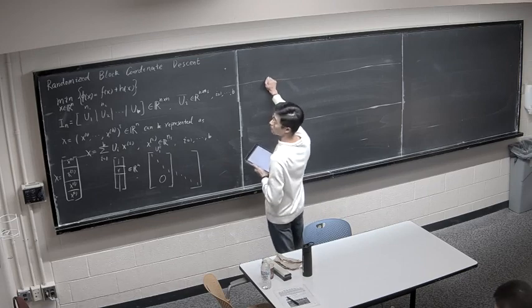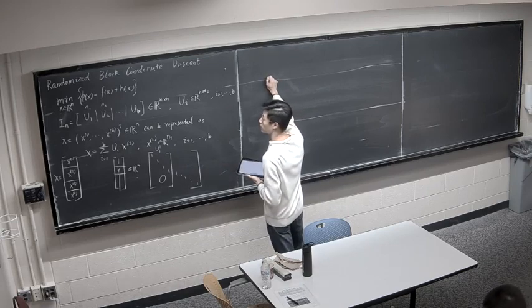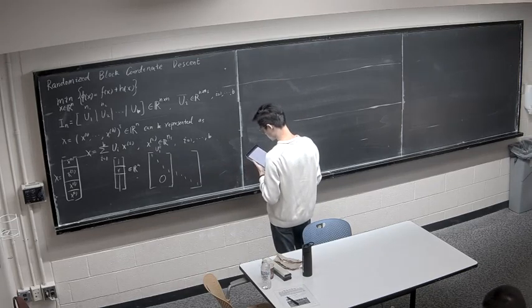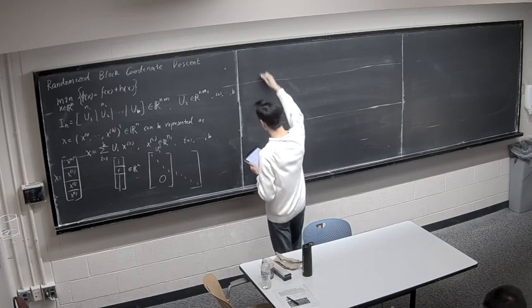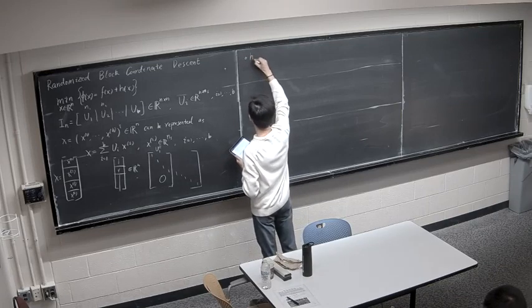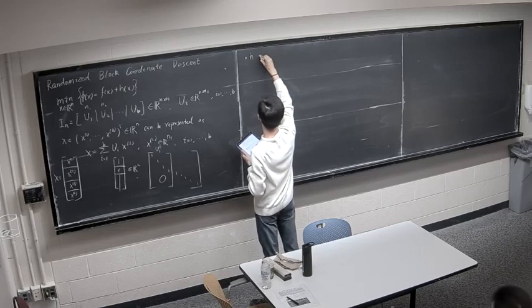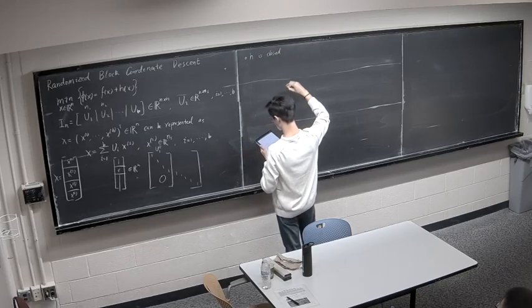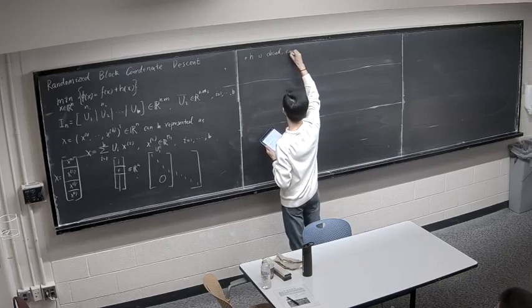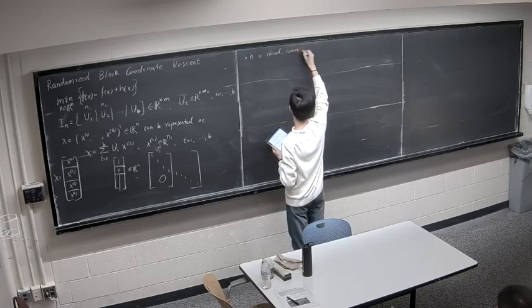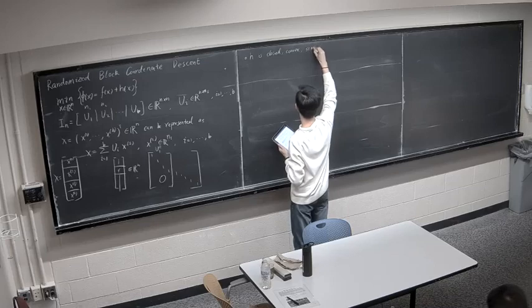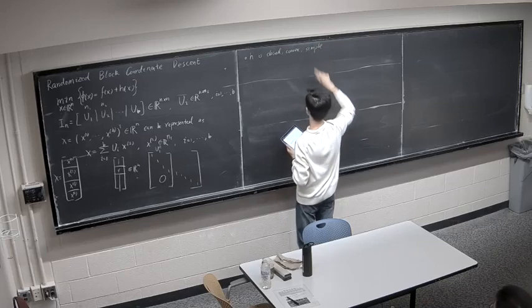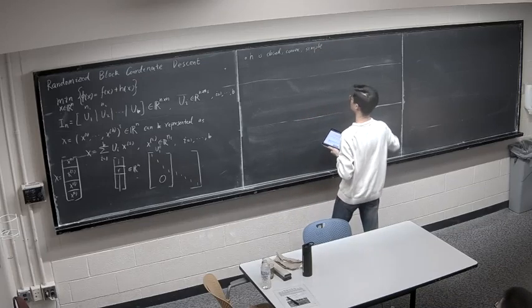Now let's talk about the properties f and h should possess. First, h is closed, convex, simple. Simple just means its proximal mapping is available to us.